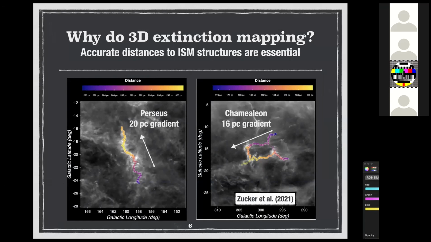Thank you. There was a question by Caroline online. Yes, I was wondering, you mentioned very briefly Euclid, and I was wondering specifically for 3D extinction mapping, what you expect to get from Euclid that you are not able to get yet.